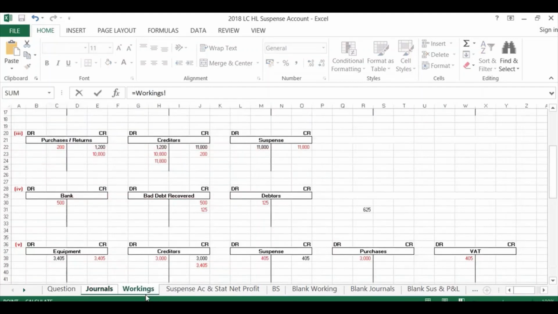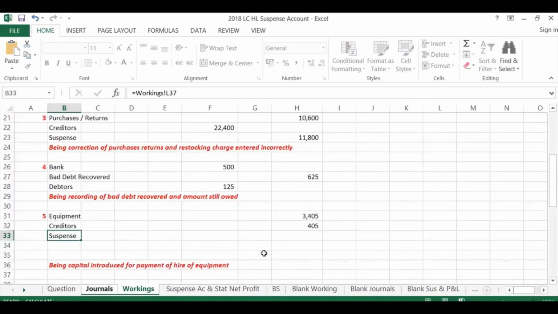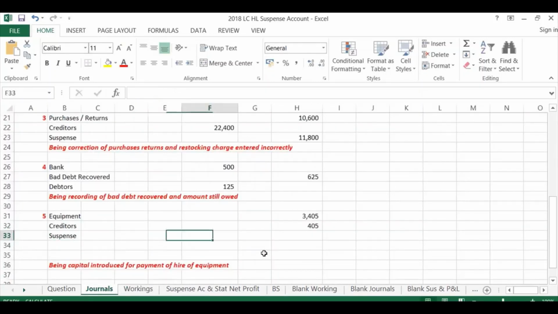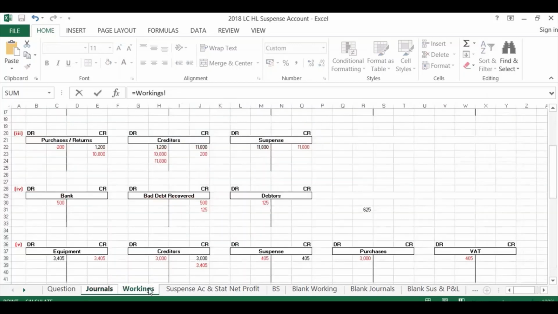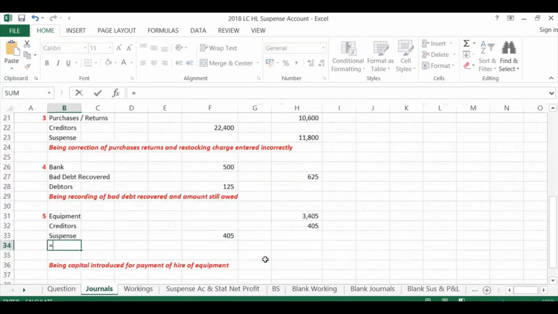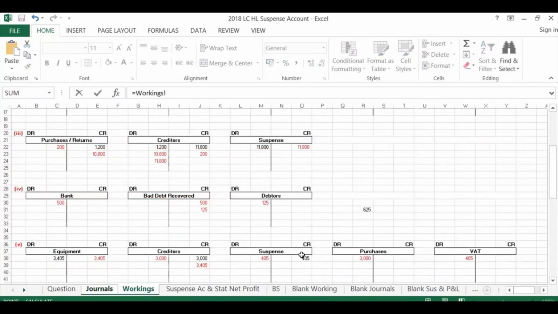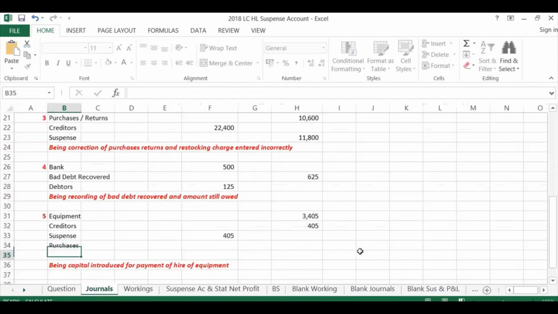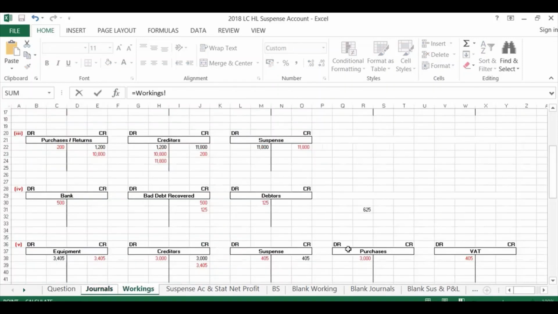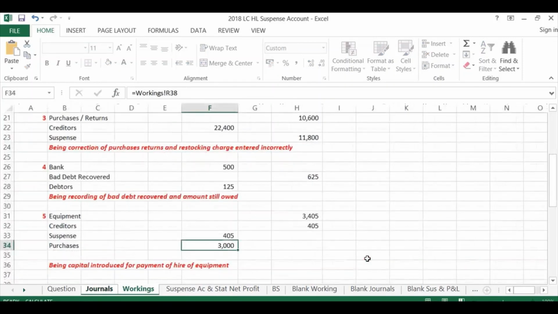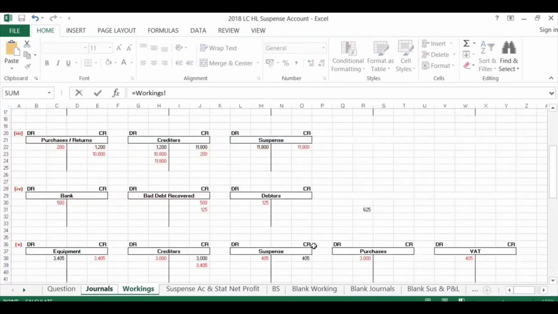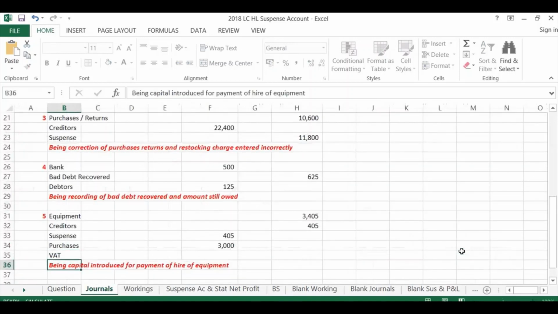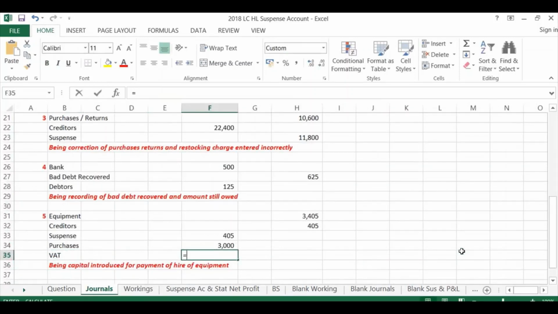Suspense is going to be a debit balance of 405. Purchases is going to be a debit balance of 3,000, and VAT is going to be a debit balance of 405.